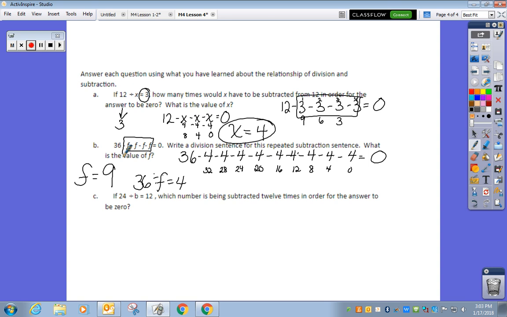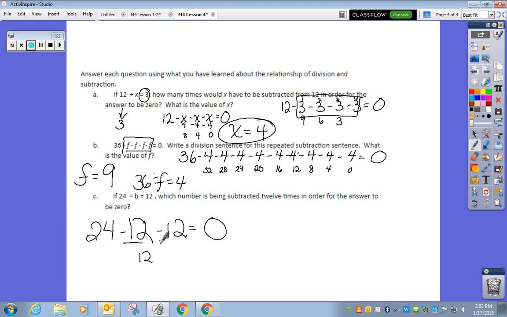If 24 divided by b is equal to 12, which number is being subtracted 12 times in order for the answer to be 0? So what I can do is use the numbers I have to figure this out. So I can do 24 minus 12 is equal to 12, and 12 minus 12 is equal to 0.